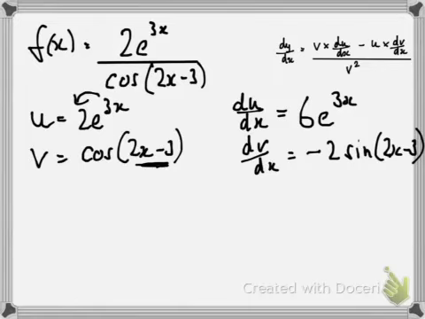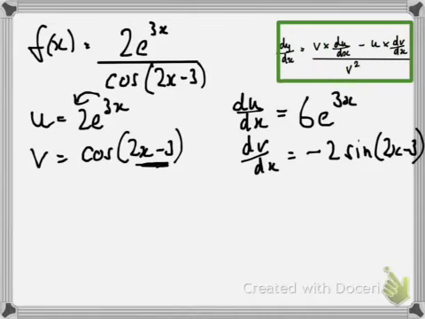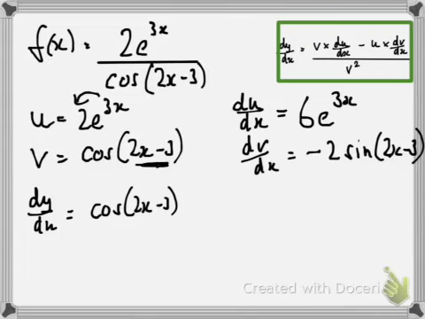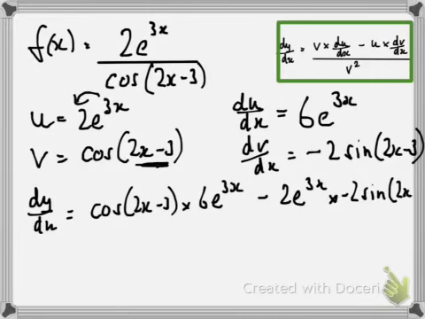Time now to apply the quotient rule, which is up here. Okay, so dy dx equals v, cos 2x minus 3, multiplied by du dx, so multiplied by 6e to the power of 3x, minus u, which is 2e to the power of 3x, multiplied by dv dx, which is negative 2 sine 2x minus 3.